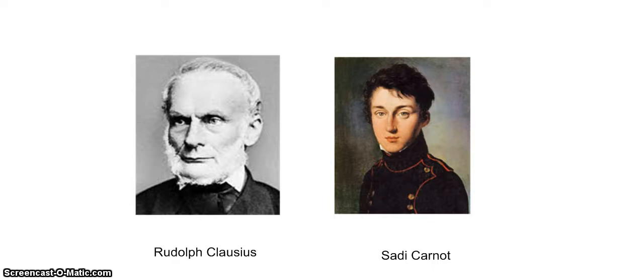You think he's going to do some fireworks, but it was actually an engineering and mathematical school, the same place where Gay-Lussac of the gas laws went. Sadi was also in the military, as this picture shows, and from there he learned about cannons and heat flows, and started thinking more and more about steam engines. You may have heard of the Carnot cycle. I'm not an expert on him, but they think that Clausius named entropy after Sadi.